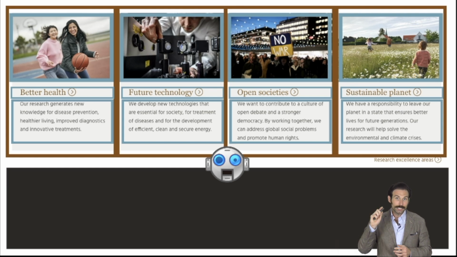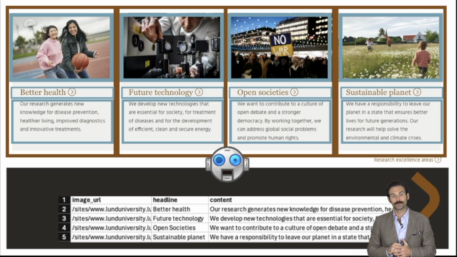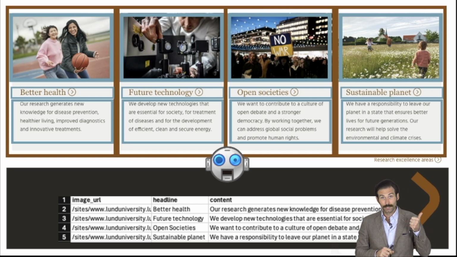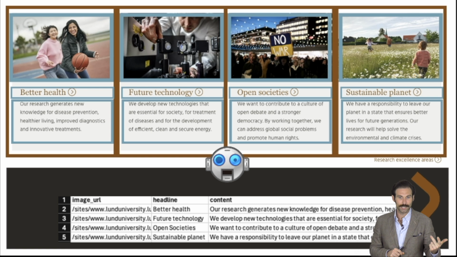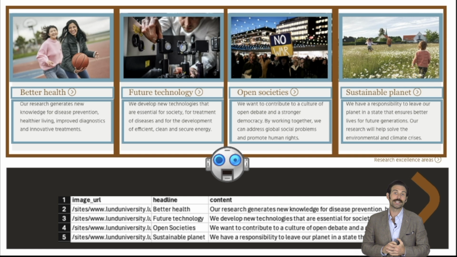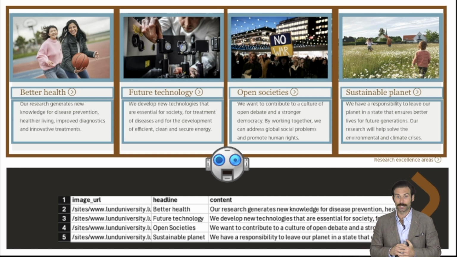Because we can take each of these elements and format them into a spreadsheet. So we have the URL of the image, the headline, and the content. Maybe you want to pause this video just to look and see how these line up. This is essentially the kind of output that we'll be working with in web scraping.